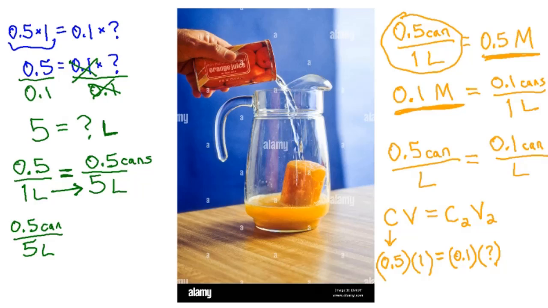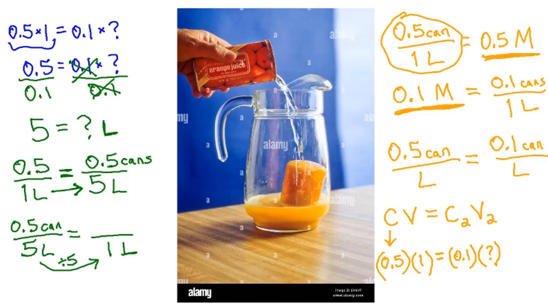And if you boil that down to 1 liter, because molarity is always about 1 liter, this 5 liters divided by 1 liter is 5.